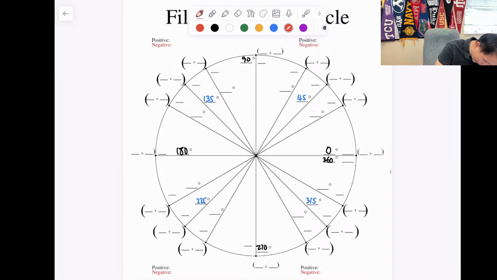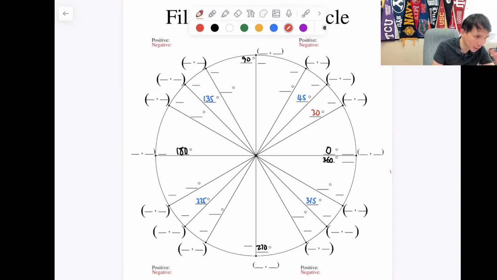Now I'm going to go with red. This is 30. Why is that 30? Well, think about it. A circle is 360 degrees, and there's 12 sections on a clock, like 12-hour time. If a circle is 360 degrees divided by 12, then that's going to be 30 degrees.